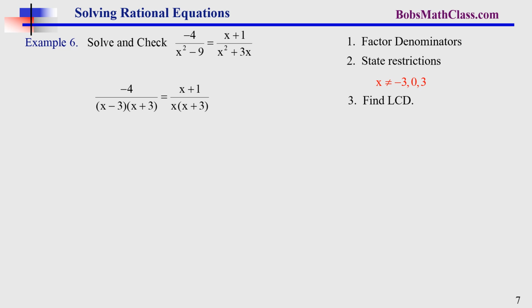Okay, LCD. So the LCD is going to need an x minus 3, an x plus 3, and an x. Multiply all terms by the LCD, so multiply that on both sides.